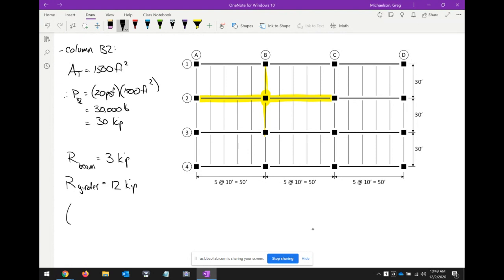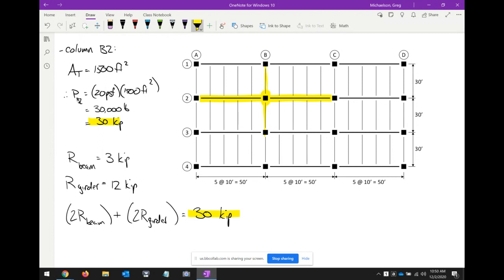Well, if there's 2 beams and 2 girders, 2 times 3 plus 2 times 12, 30 kips. Bam, bam. Physics. It's awesome.